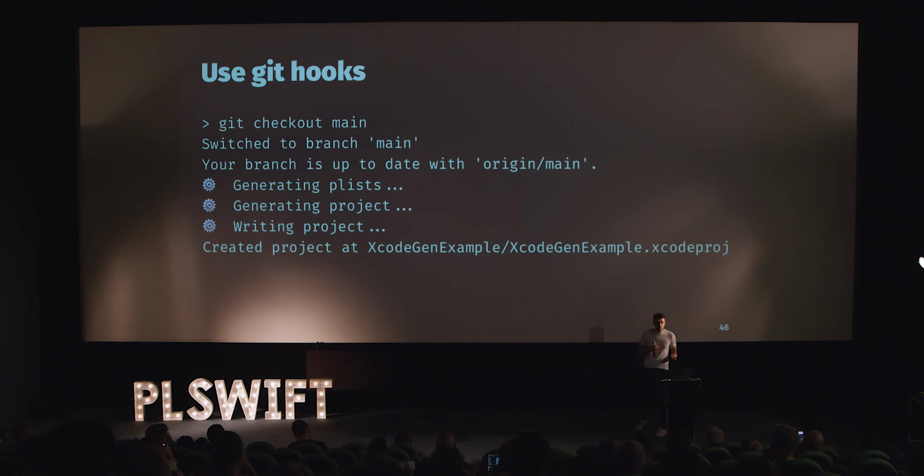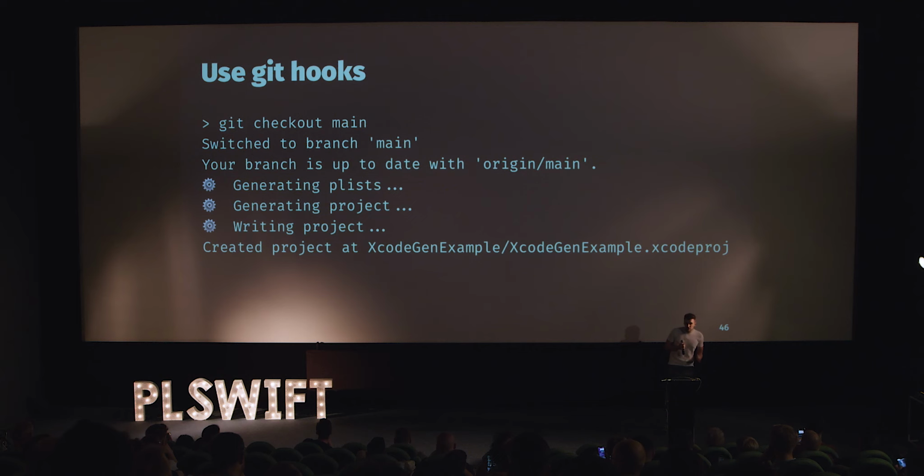Or they might have changed your project YML, so again, you need to run generate. But doing it by hand is kind of error prone. You can forget about running that and then start to wonder why it doesn't work at all.